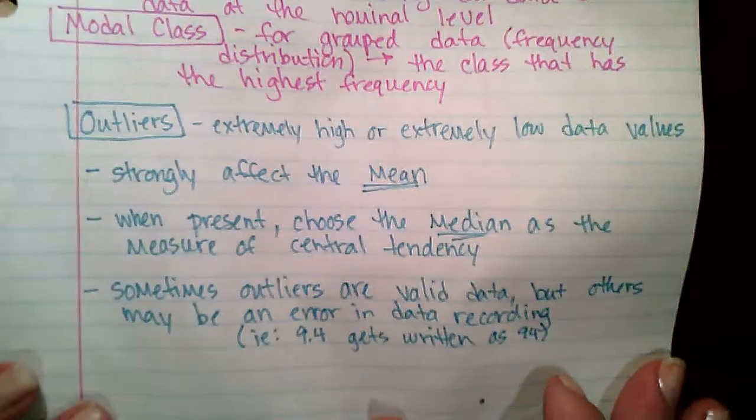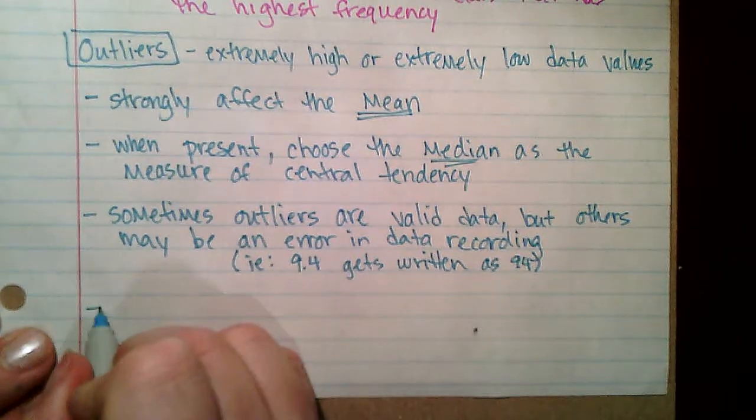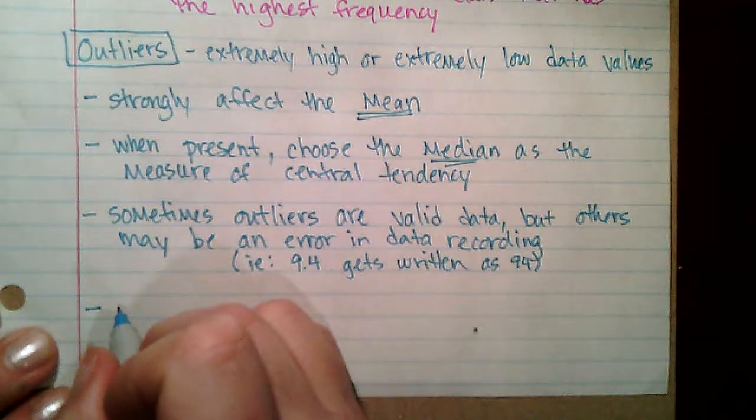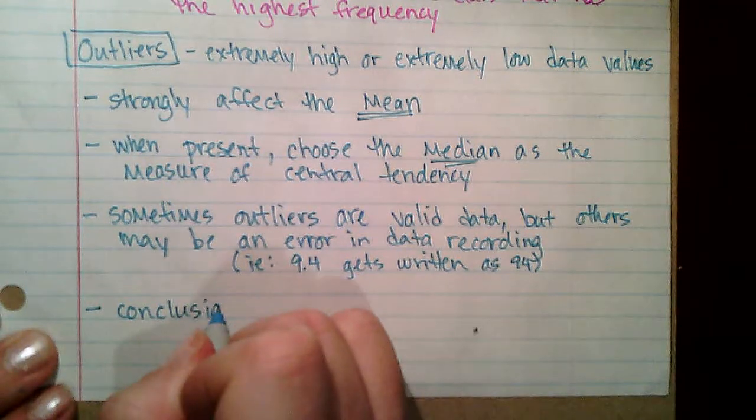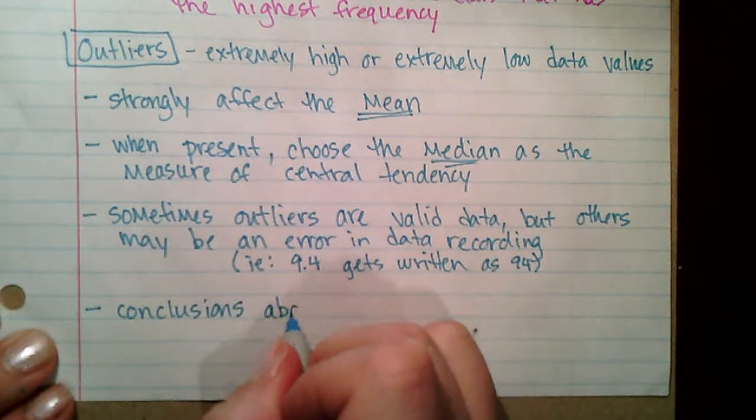So, mistakes happen. So we have to be aware of outliers. And when we have outliers, you have to know that any conclusions that are drawn about that data set may be flawed.